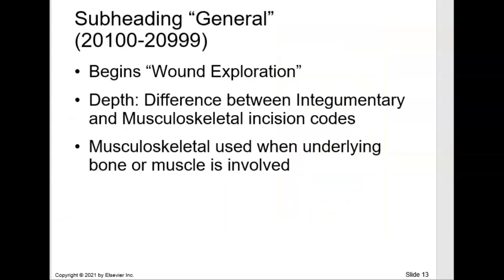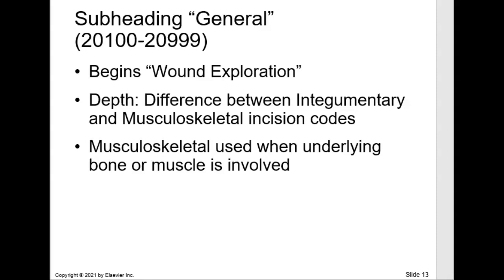Okay, so we get into the beginning of our musculoskeletal, 20100 to 29999. It begins with wound exploration. Okay, one thing, the difference between your integumentary codes and musculoskeletal incision codes: musculoskeletal is more in depth. It is used when underlying bone or muscle is involved, where integumentary is going to be your top layers.